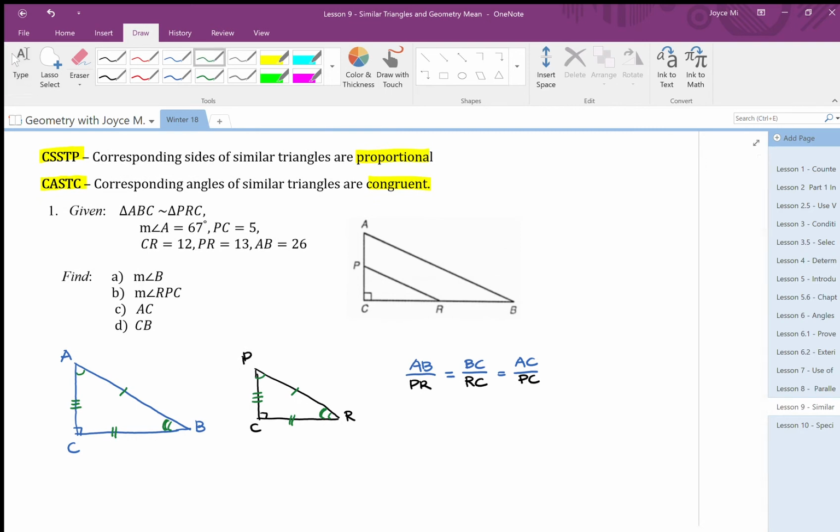And that is what it means to use CSSTP, corresponding sides of similar triangles are proportional.